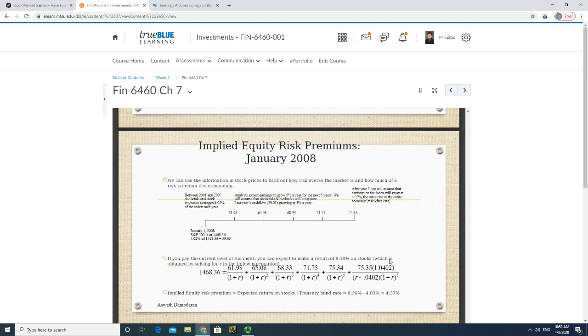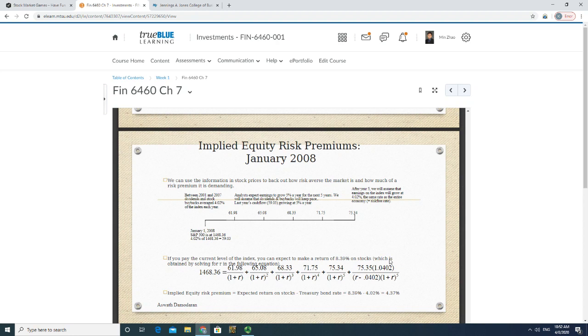In the first stage, we assume 5% annual growth for the next 5 years, and then the long-term growth rate would be 4.02%.